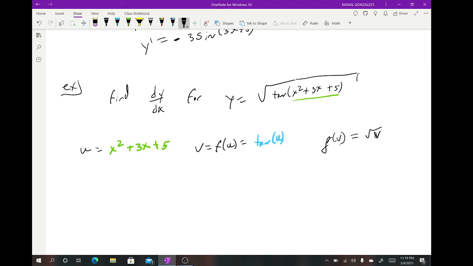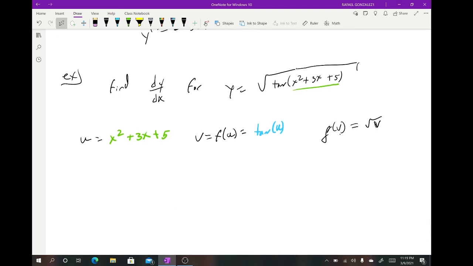And then g of v is going to be equal to the square root of v. The reason why I'm doing this is because this makes our life much easier. So here we have to use the chain rule twice. This is going to be a much more tricky problem to solve. Alright, so first of all, let's take the derivative of u. The derivative of u is going to be 2x plus 3.